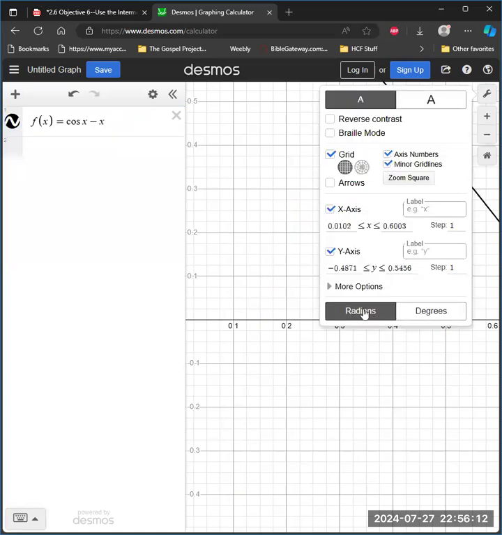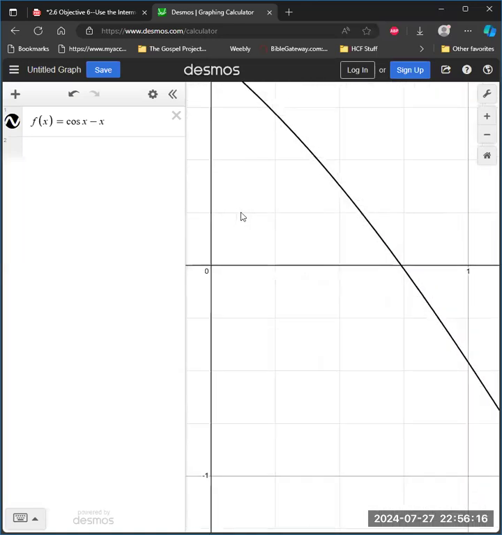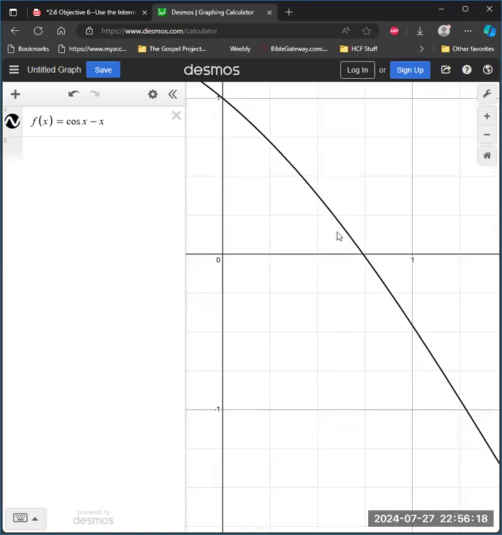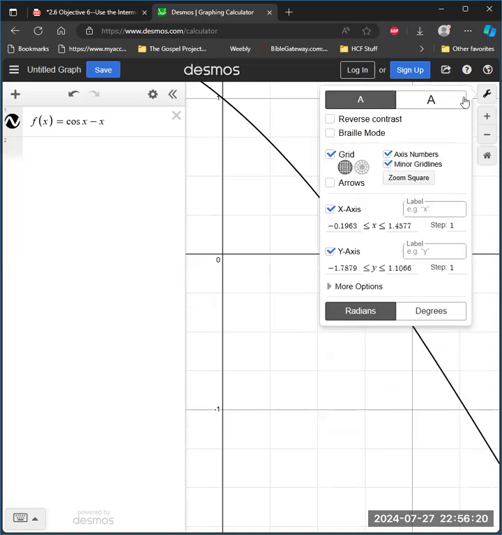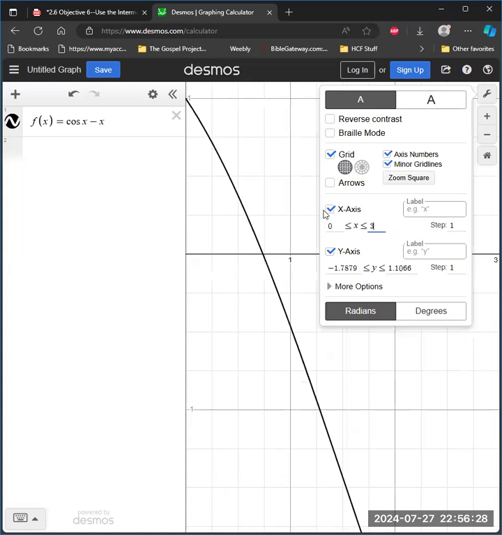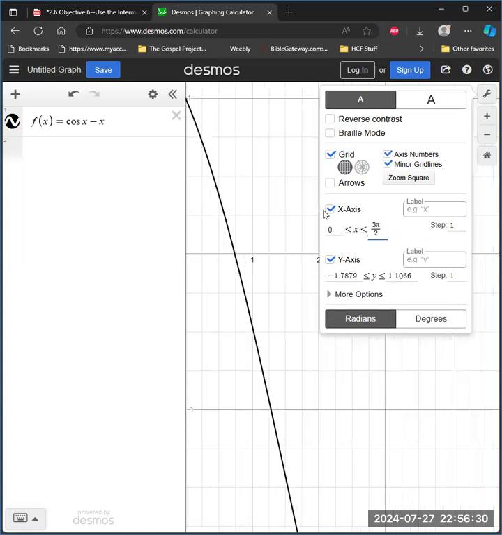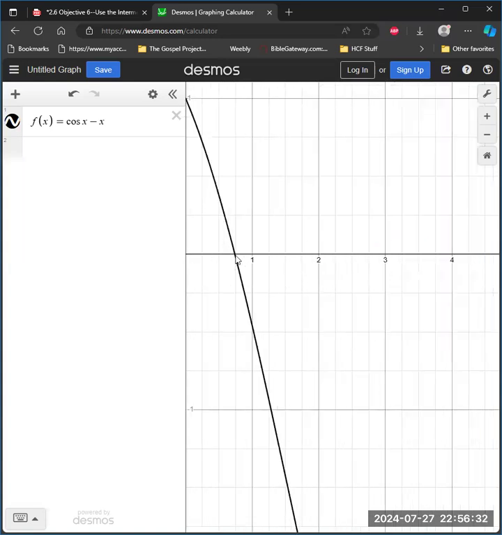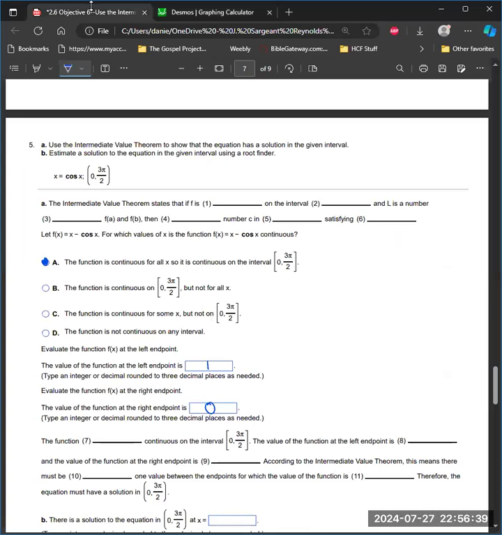Let's make sure we're in radian mode, and we want to be between 0 and 3 pi over 2. There is a 0 right there at 0.739.